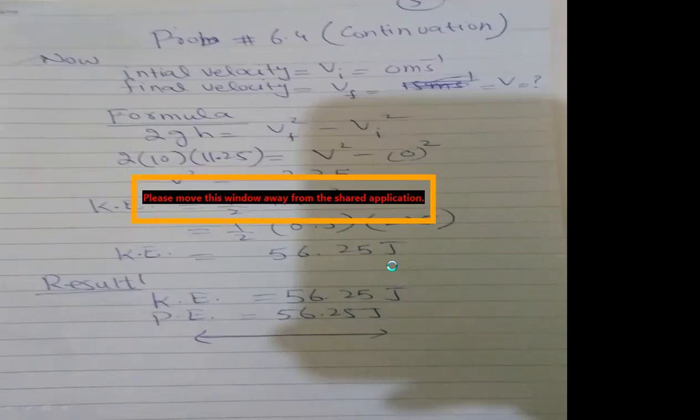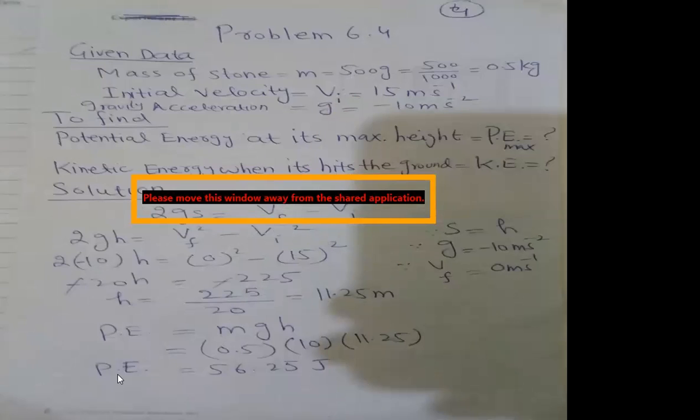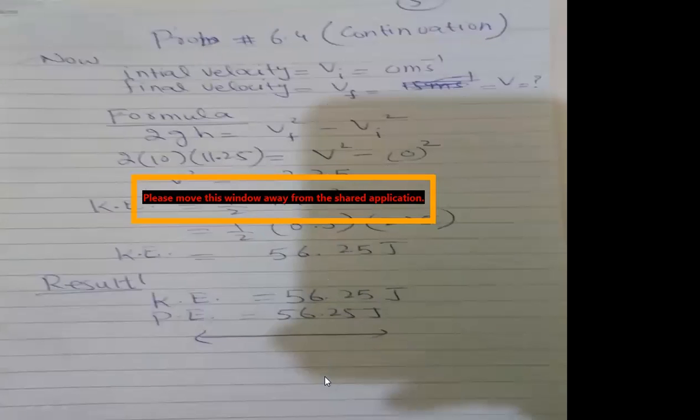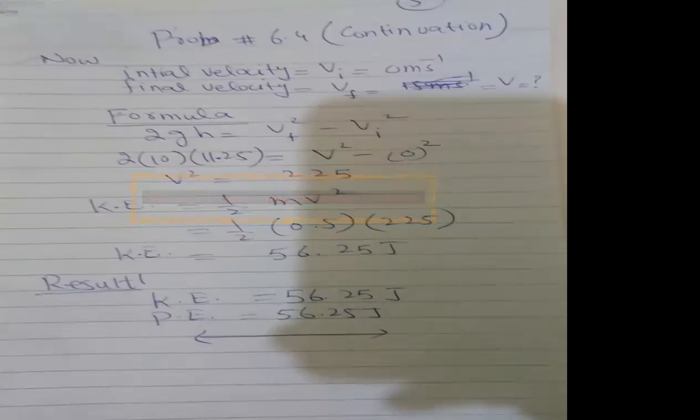You can see in this numerical, when we found potential energy, it is 56.25 joule, and we found that kinetic energy is the same. As we have discussed in the law of conservation of energy, energy is never destroyed, never created, but it converts from one form to another.